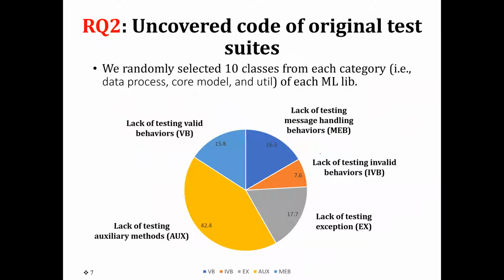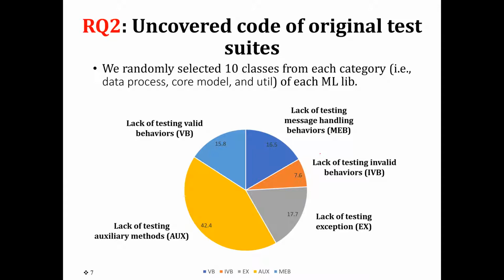In the second research question, we try to understand which part of the machine learning library has not been tested with the original unit test suite provided by those libraries. What we do here is we randomly selected 10 classes from each category of each machine learning library. In total, we have 150 classes.